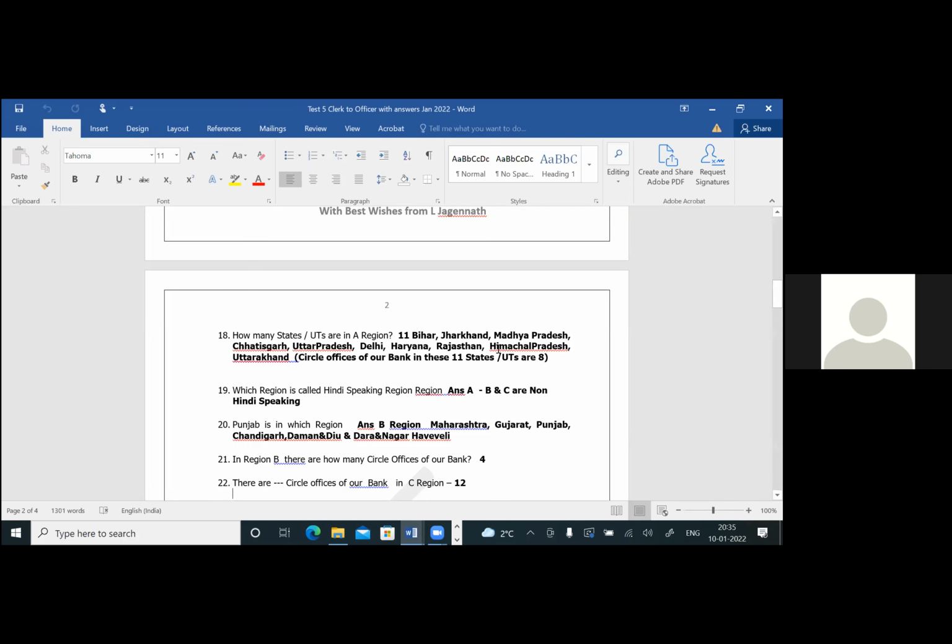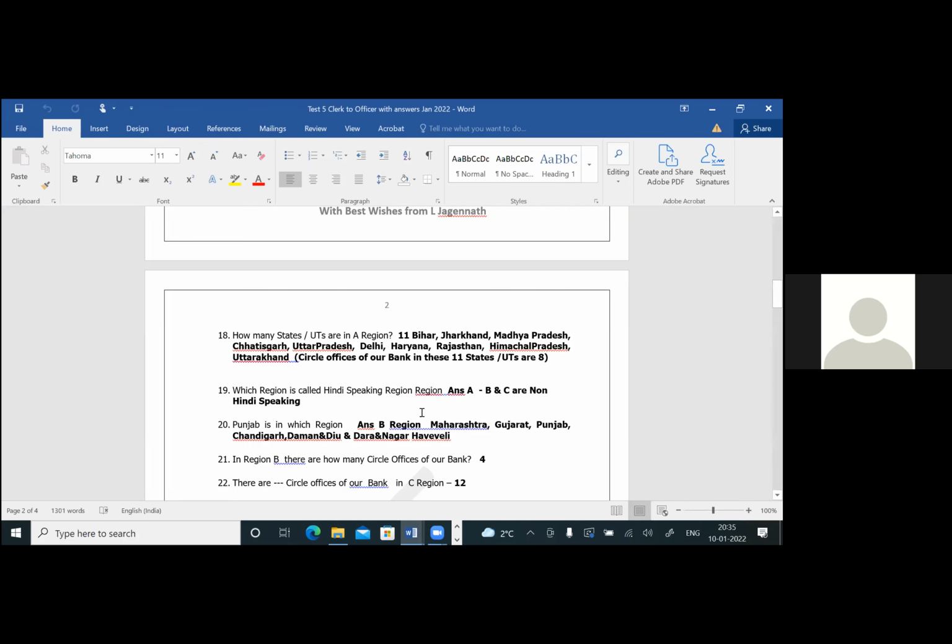Okay, sir. Out of the 11 states, we have 8 circle offices. Coming to B region, how many states are there? We have Maharashtra, Gujarat, Punjab, Chandigarh, Daman and Diu, Dadra Nagar Haveli: 6 states and union territories.